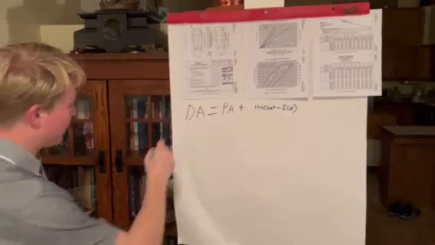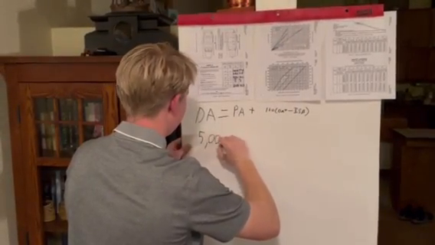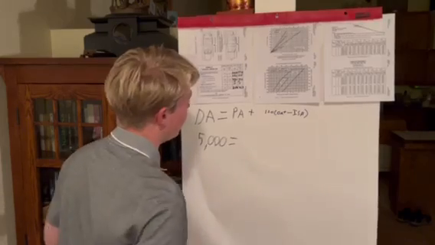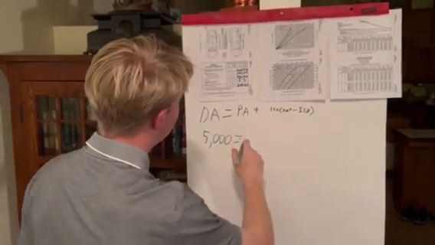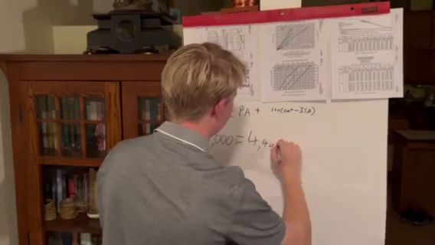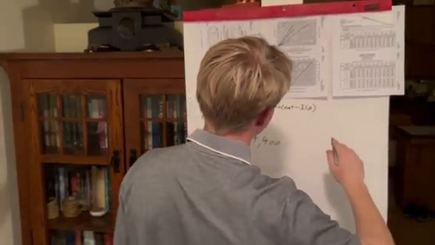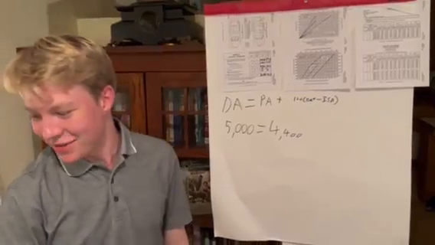So to get a density altitude of 5,000, we can say that our pressure altitude is at 4,400, and our outside air temperature is at 10.